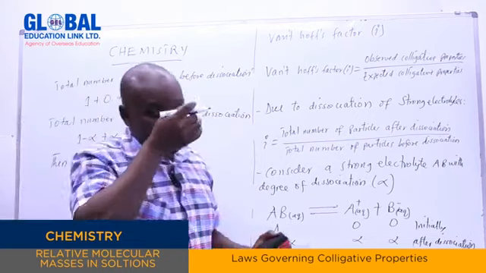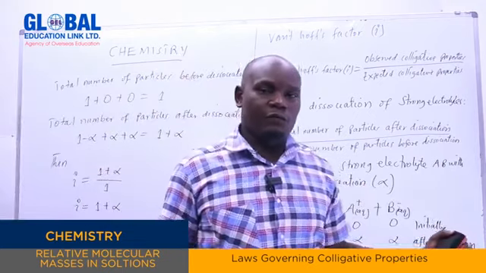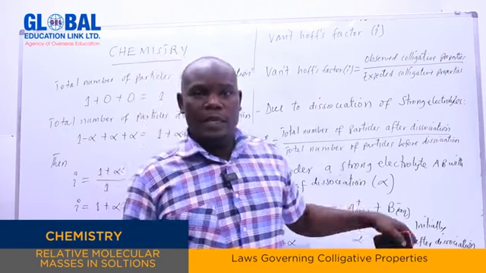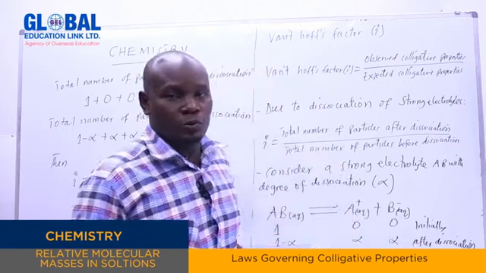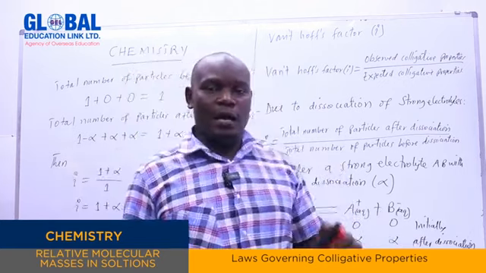So the Van 't Hoff's factor for our strong electrolyte AB will now equal 1 plus alpha.